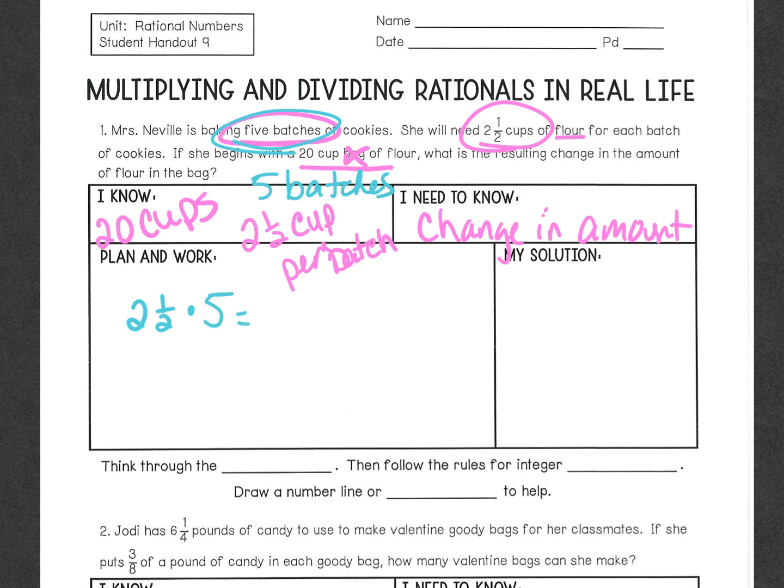And you can use your calculator or do it by hand. So 2 times 2 is 4, plus 1 is 5, so it's times 5 halves. That's times 5. This becomes 25 over 2, which is 12 1/2.